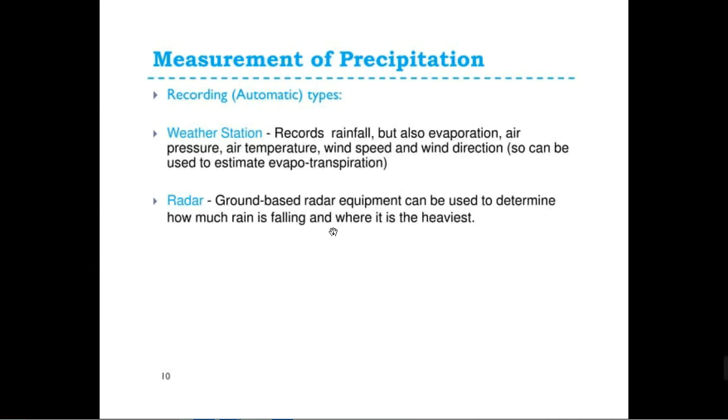Radar: ground-based radar equipment can be used to determine how much rain is falling and where it is the heaviest.